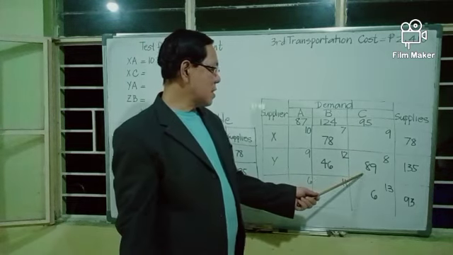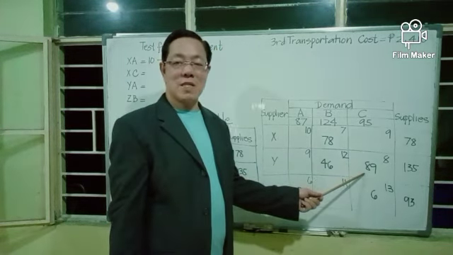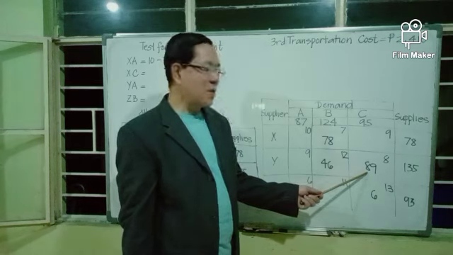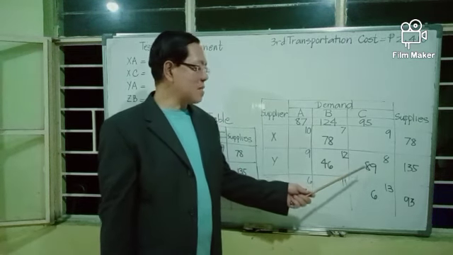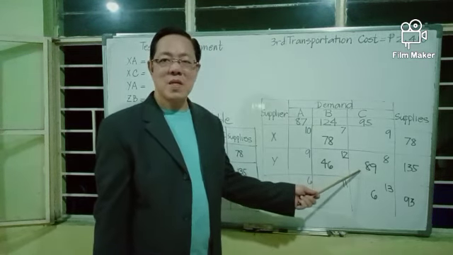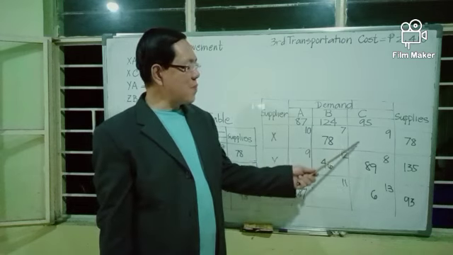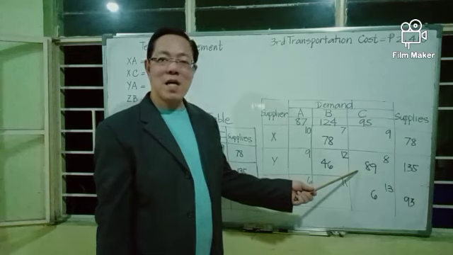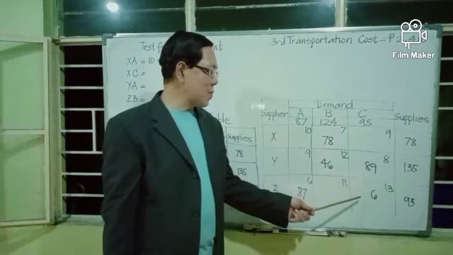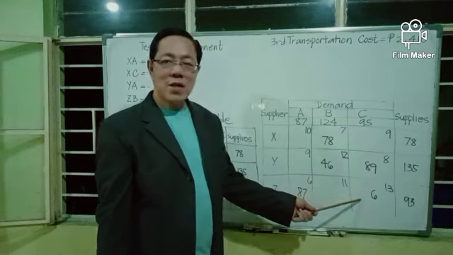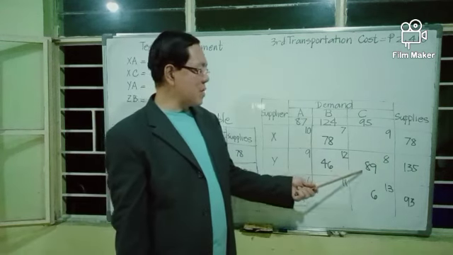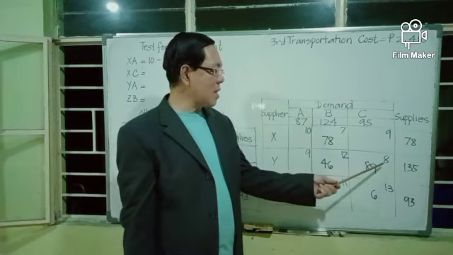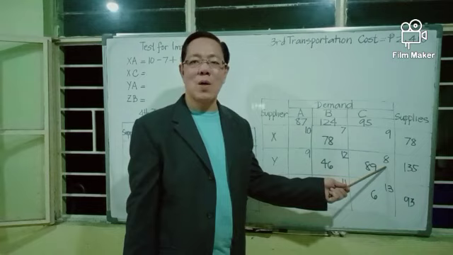We are now in this cell with 89 units, and from this cell we move vertically. We cannot move upward because it is vacant or empty. Thus, from 89, we move vertically downward to 6. And the cost associated with this vertical movement downward is the negative of this cell cost, or minus 8.